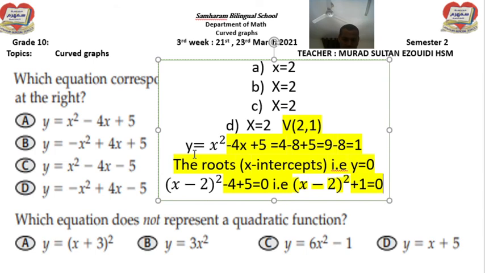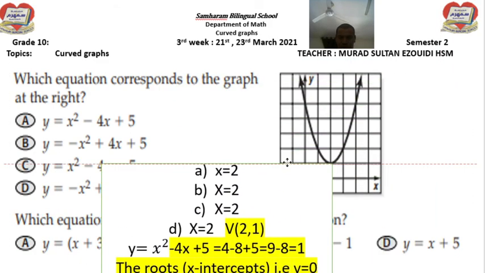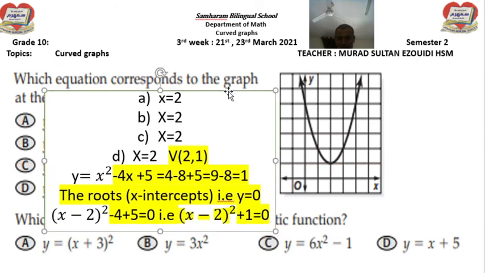Okay, let's check the second one. We told x squared, and let's see if the curve has roots or not. Yes, this curve has no roots, so it's correct. Look here, this curve does not cut the x-axis, so it has no roots.